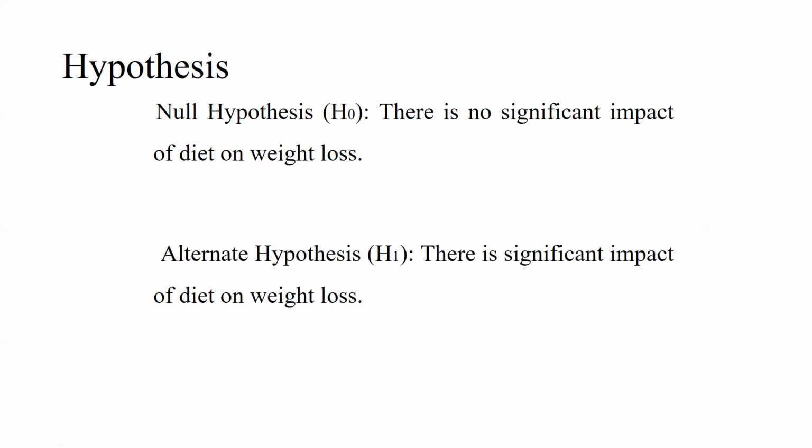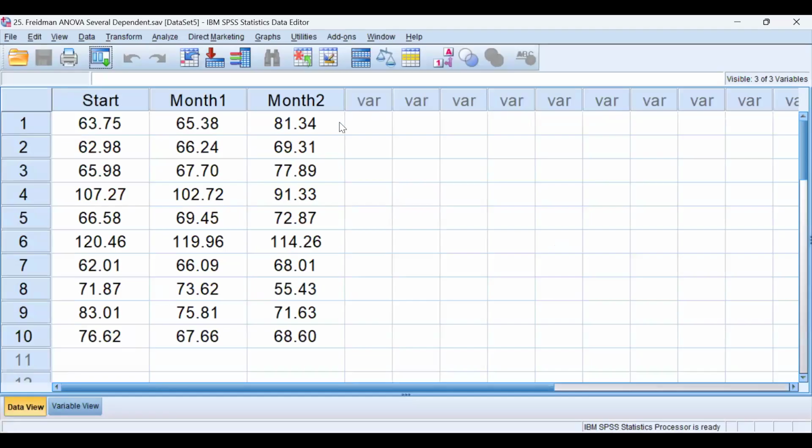One sample Friedman, yes. Now these are the scores. Baseline weight 63.75. After the diet plan, after 1 month, instead of decreasing, the weight is increasing, and after 2 months 81.